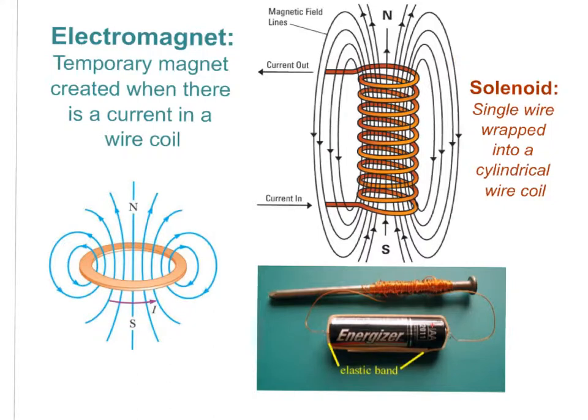And it's very useful because the magnetic properties can be very controlled. For example, the strength of the magnetic field can be decreased by taking away turns on the wire, or increased by adding turns on the wire. And we can even turn off the electromagnet by shutting off the current to the wire.